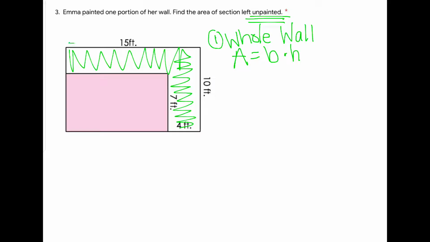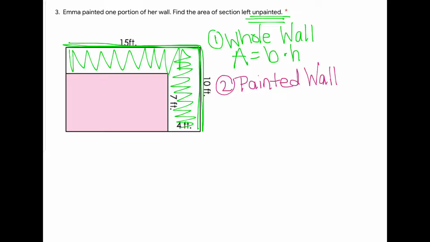Now our whole wall is all of this. The whole wall. And next we need to find the area of the painted wall. All right, that is also a rectangle. So area is going to equal base times height.